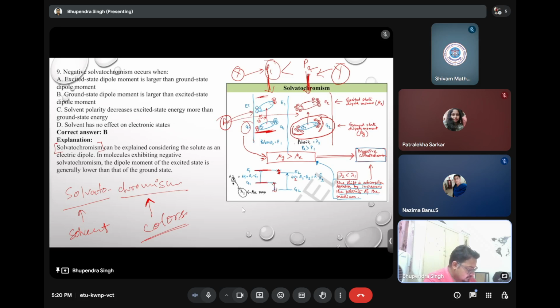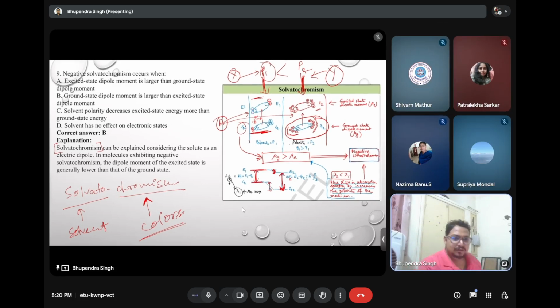Because the dipole moment of the excited state is lower than the ground state, so it will stabilize very little compared to this. So the energy difference is lower than this. Energy difference lower means, if you take the emission, it will go to the negative side. Negative side means blue shifted.